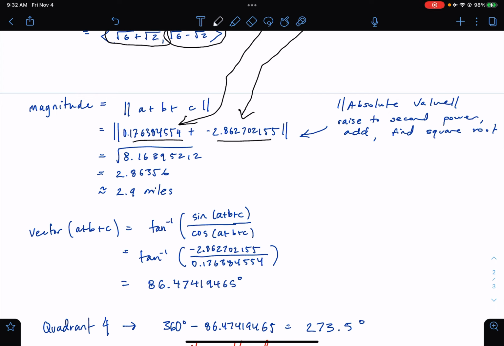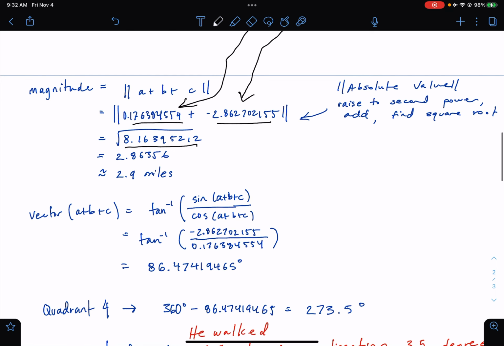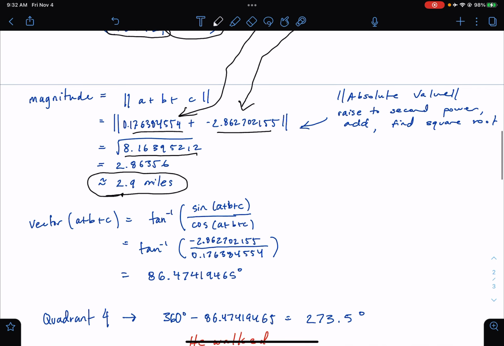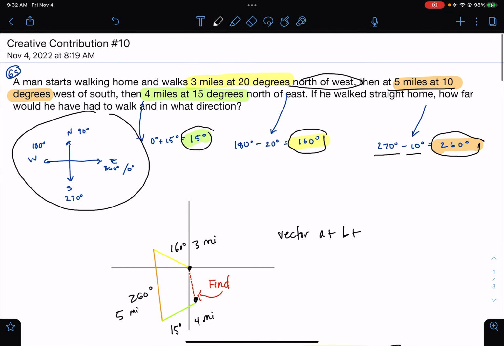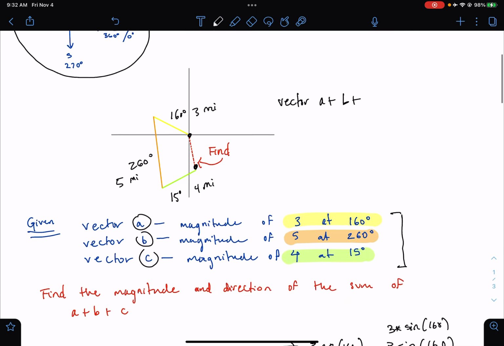That gave me 8.16 here, and then getting the square root gave me 2.86, which rounded gave me 2.9 miles, and it's in miles because all of the original information we got was in miles.